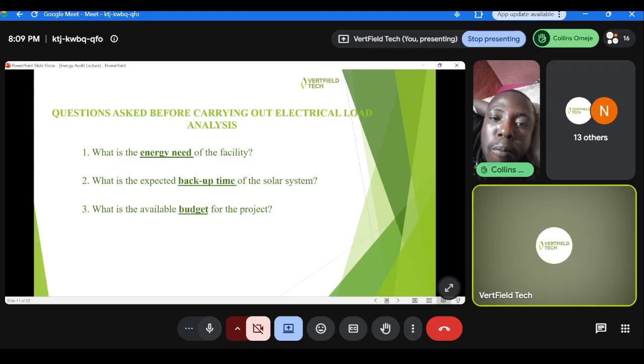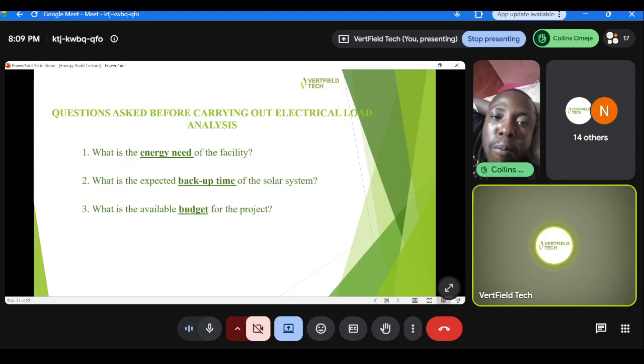It means that during those periods that we will not have electricity in our facility, or during those periods that the solar panel will not generate electricity, we want to have power, which means we'll be depending on the battery system. Now, the question then comes in: how long can the energy stored in that battery system last for you in the absence of solar, which is a solar panel, or any other available source of power supply? That is what we call the backup time.